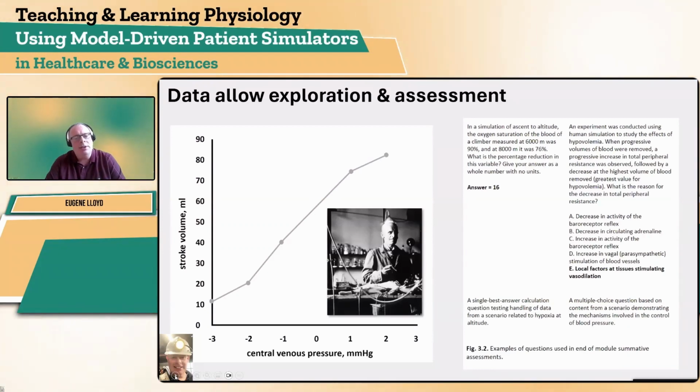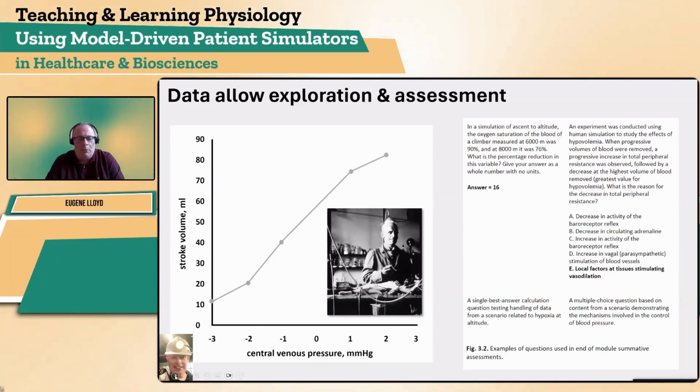We get our students to look at these effects by increasing the volume of blood that's being removed and looking at the effects on both central venous pressure and stroke volume. One of the things you can see on the x-axis is central venous pressure in millimeters of mercury, and they see that there's a negative pressure.